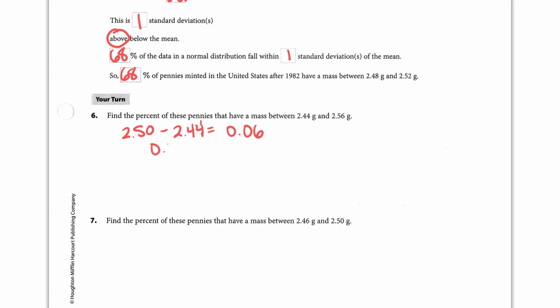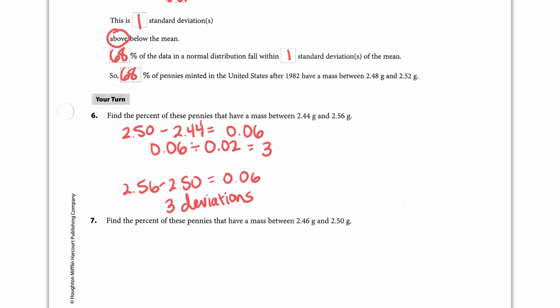And if we split that up into the standard deviations, which are each 0.02, that is 3 deviations away. And that is the same for above. So we've got to figure out what percent are 3 standard deviations away.